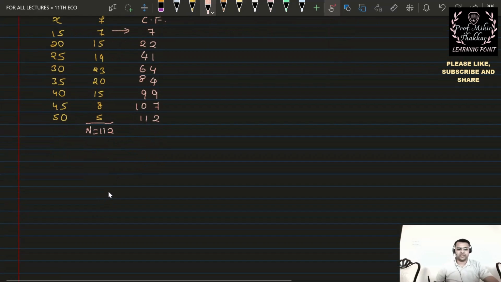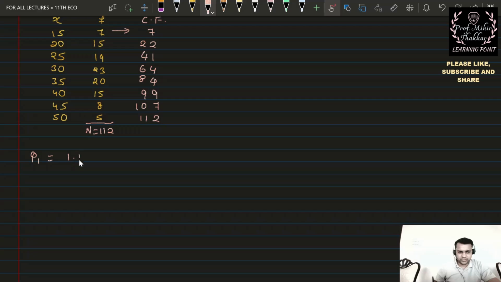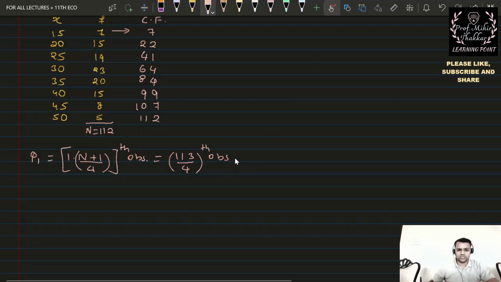Then when I want to find the value of Q1, it is 1 into capital N plus 1 divided by the fourth observation, which is 113 divided by the fourth observation, which is equal to 28.25th observation.